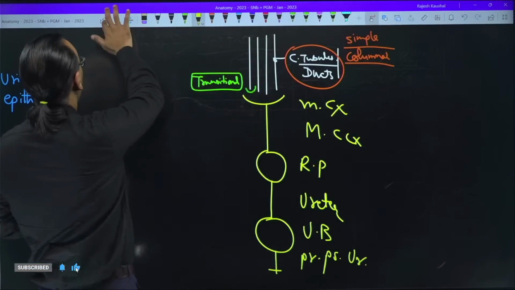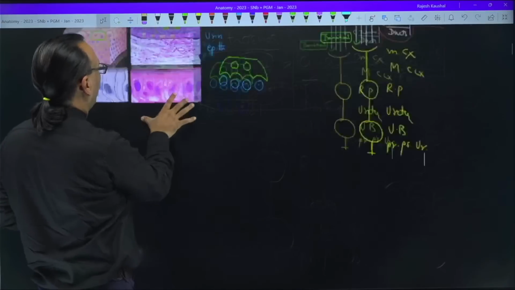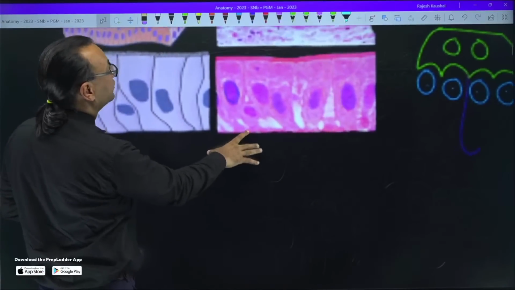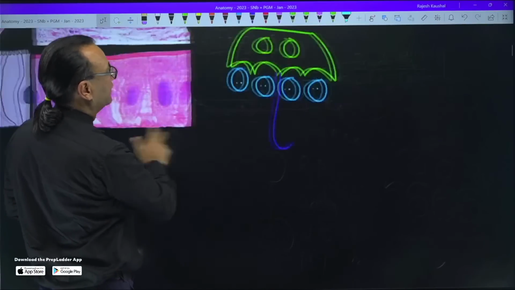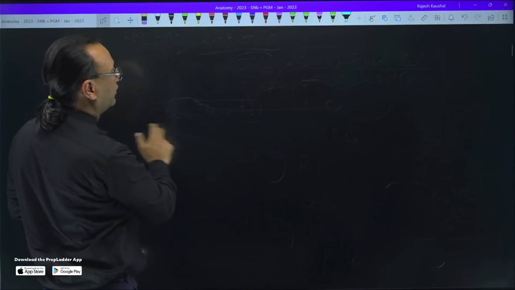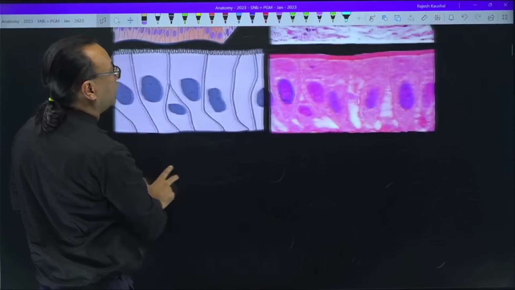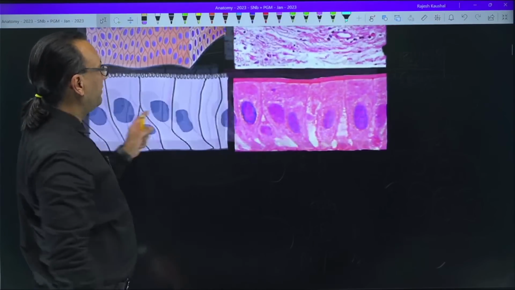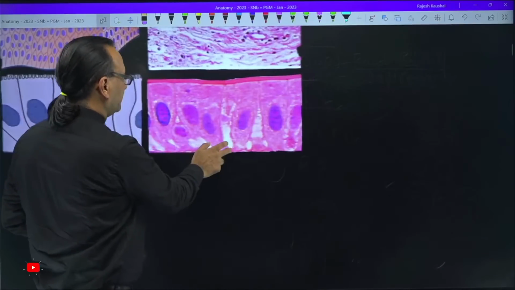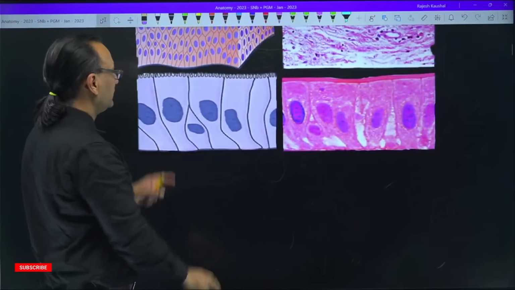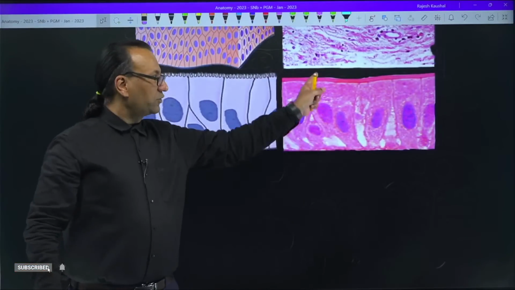Now as we continue with our discussion here, what about this diagram here? Because it is now crowded, let us use this one. What about this epithelium now? This is a schematic diagram, and that is the actual diagram.